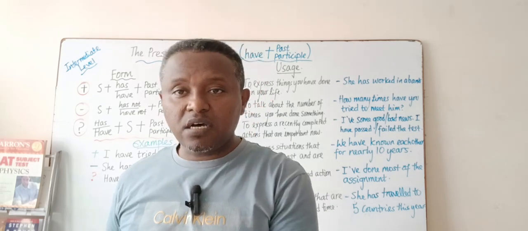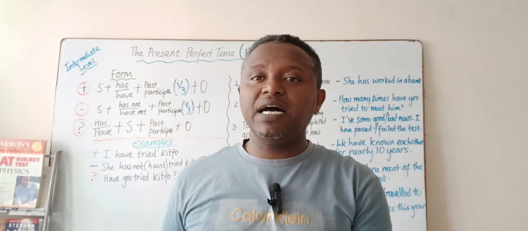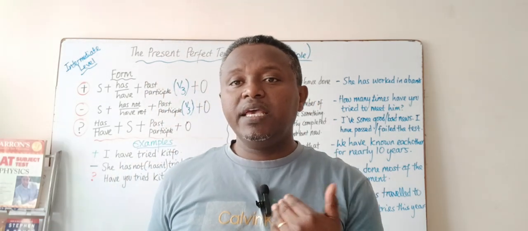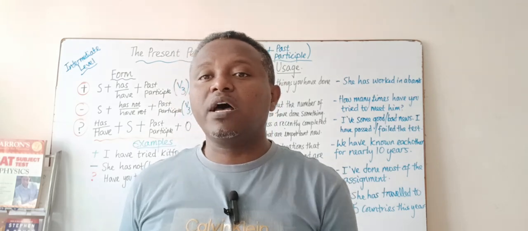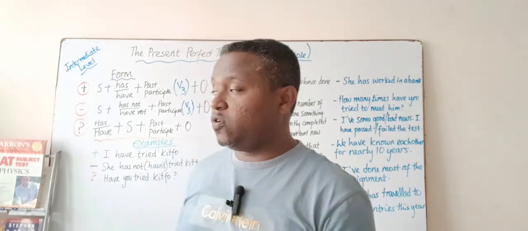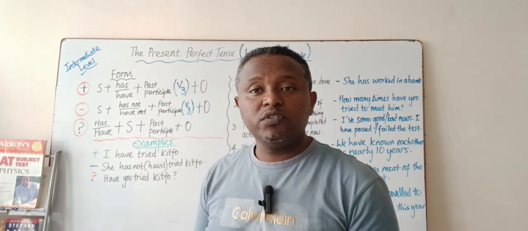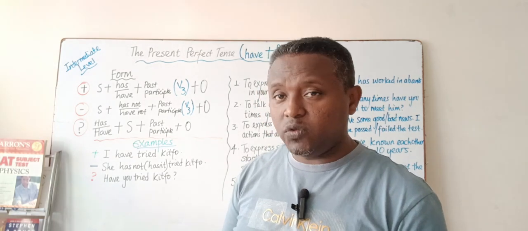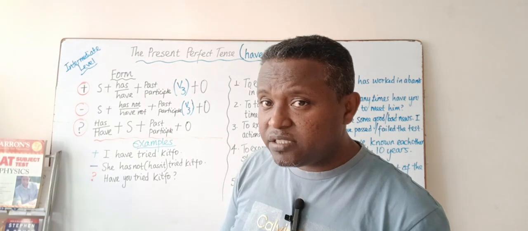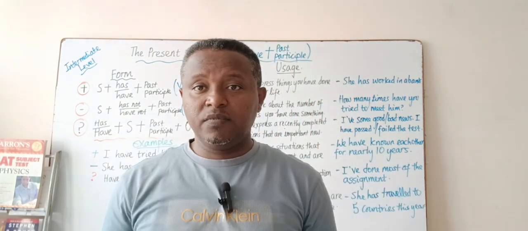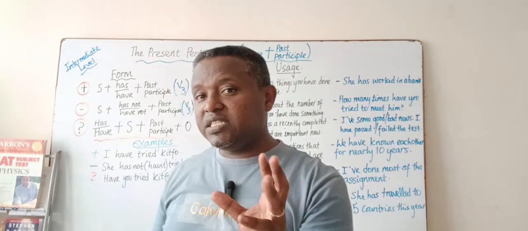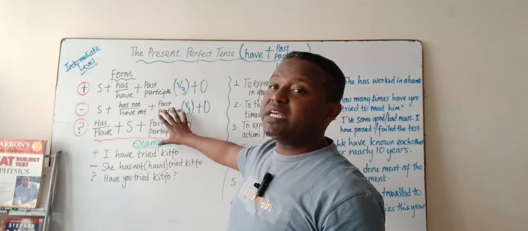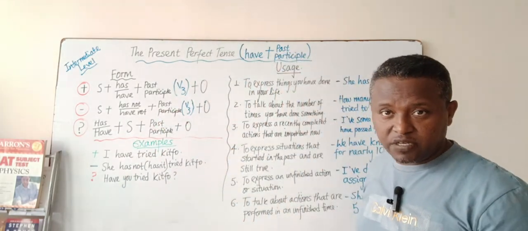She has not tried kitfo, or I have not tried kitfo. The question form: have you tried kitfo? Has she tried kitfo, or has he tried kitfo? So these are the examples based on the form or the structure.